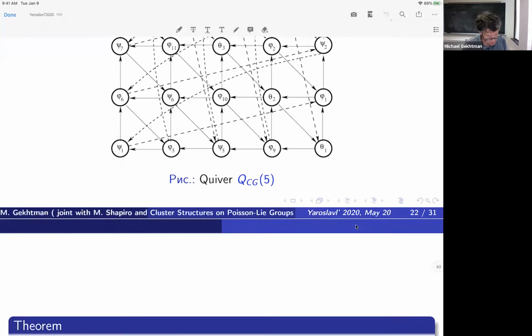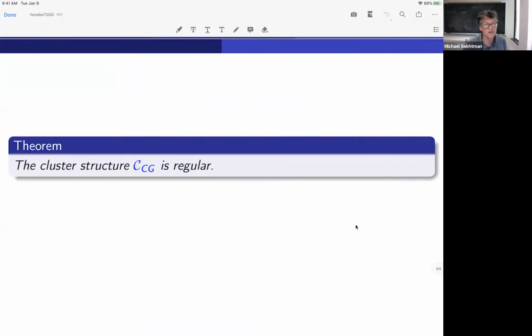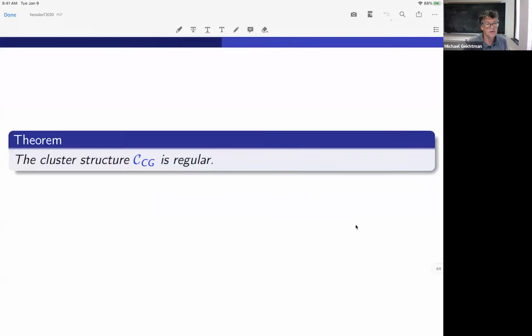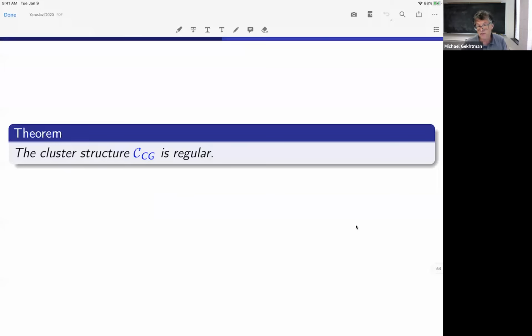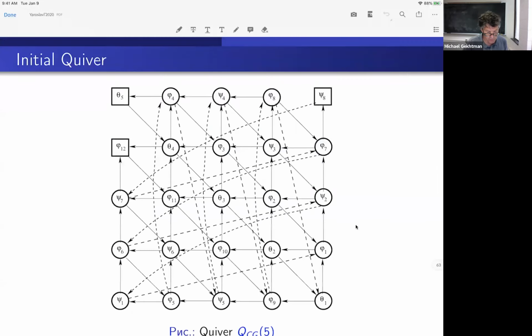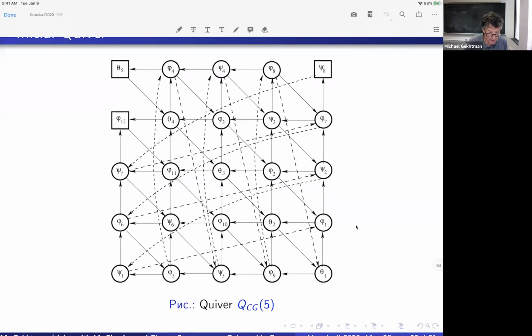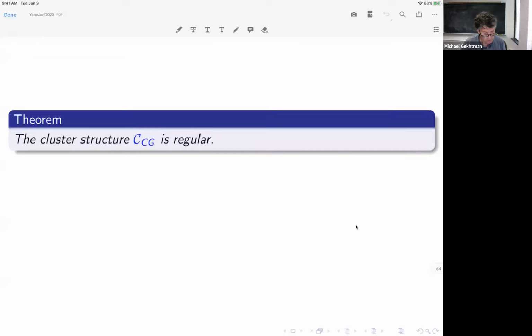All right, and so one then can prove that this cluster structure is regular. So again, look at this quiver. There is a strange, complicated polynomial in X that sits at each vertex, and you can mutate at each vertex, and this involves division. But there will be a cancellation, and you will get another polynomial, another regular function.